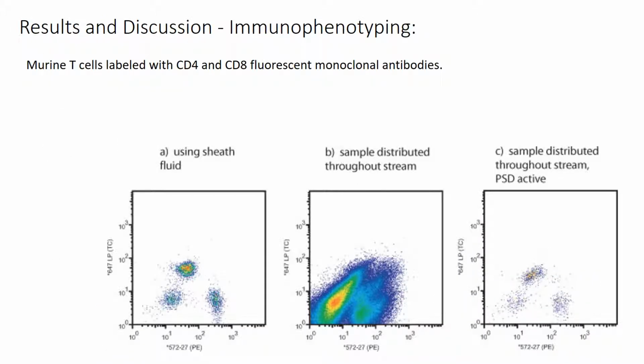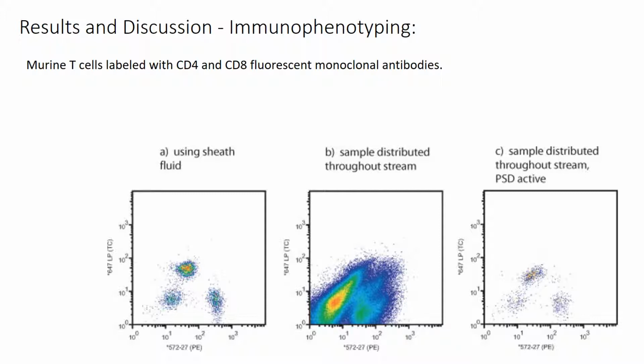The next two experiments were used to evaluate the efficacy of this flow cytometry. For this experiment, murine T cells labeled with CD4 and CD8 fluorescent monoclonal antibodies were used as the source.